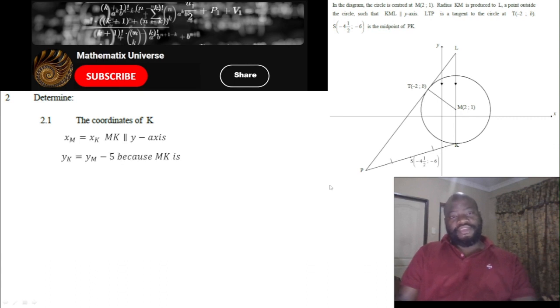Then the y coordinate of M will be 5 more than the y coordinate of K, because MK is a radius and it has 5 units. So this ends up giving us K of (2, -4). That one was simple, it's 2 marks.